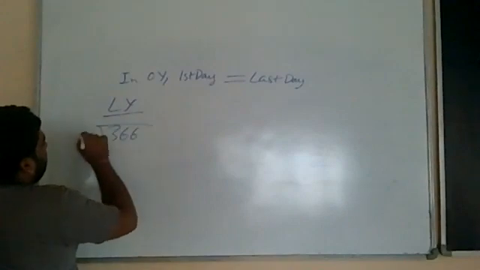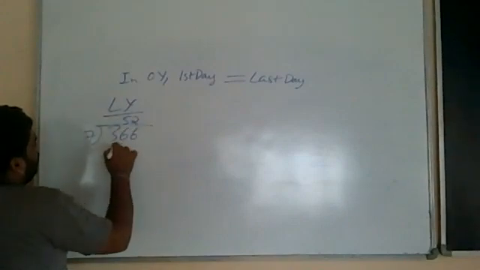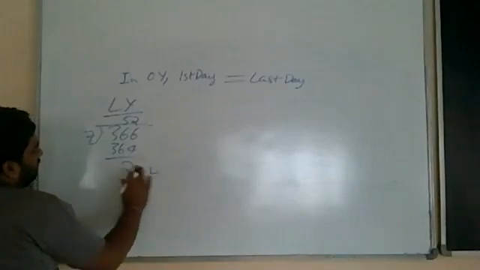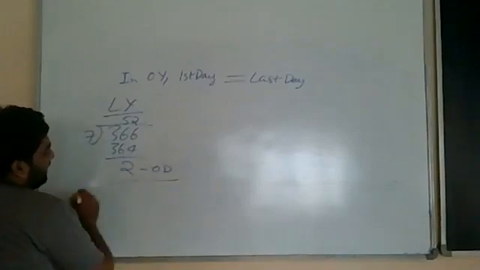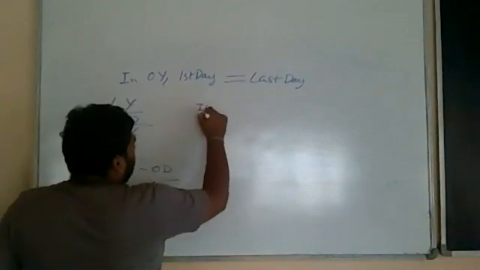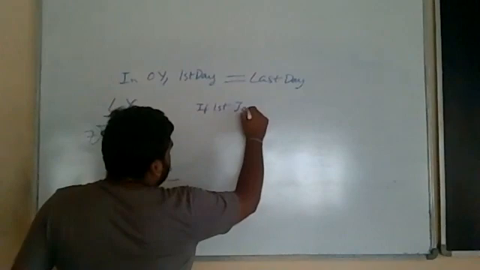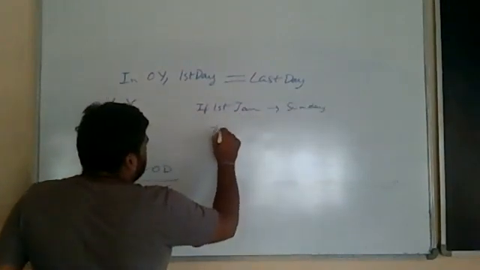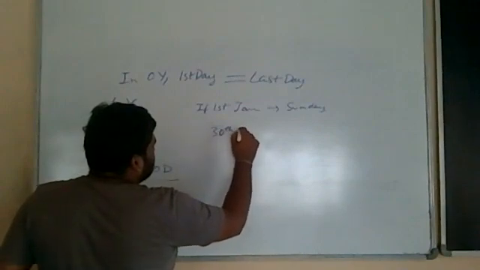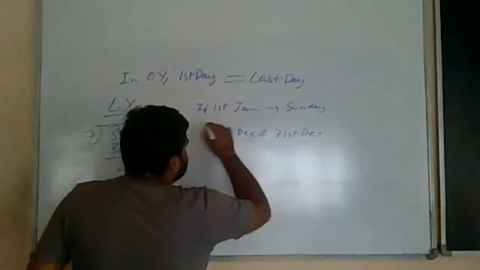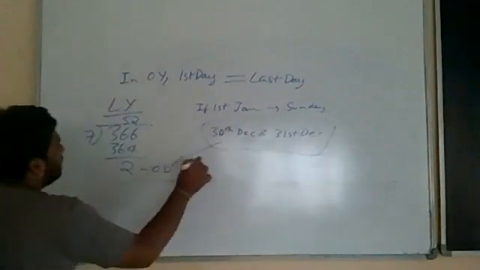Now consider a leap year. 366 days. If I divide by 7, 52 times 7 is 364, how many days remaining? 2 odd days. Yes or no? Which means if 1st January is Sunday, then 30th December and 31st December are the remaining 2 odd days.